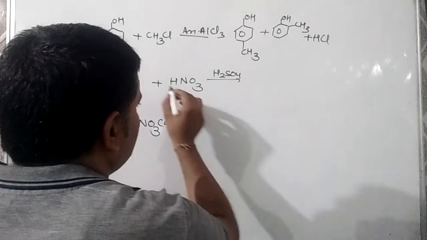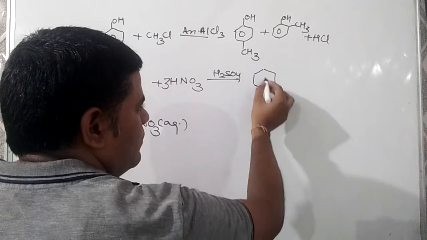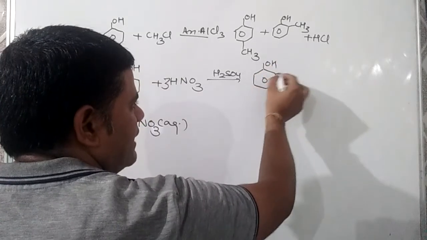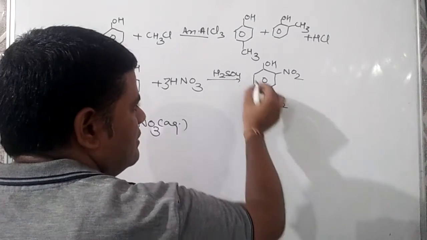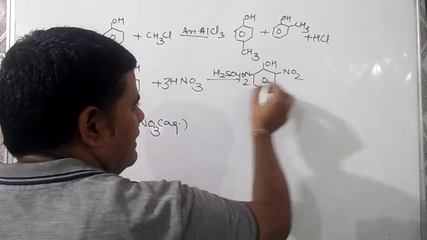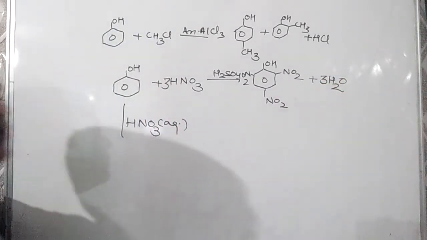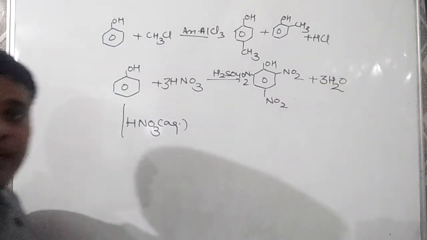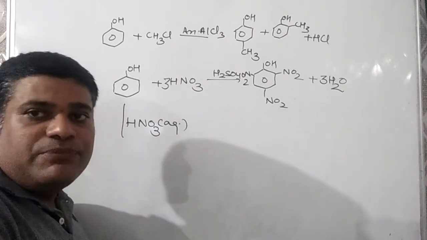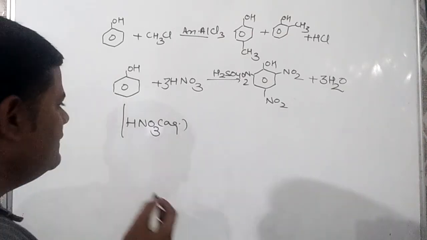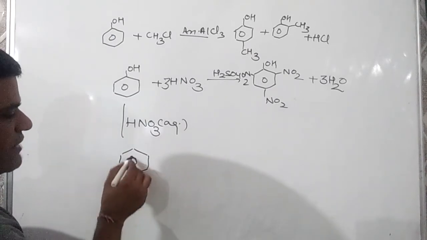When phenol reacts with concentrated HNO3 in the presence of concentrated H2SO4, tri-substitution takes place and we get picric acid as a product. But when it reacts with dilute HNO3, then mono-substitution will take place.